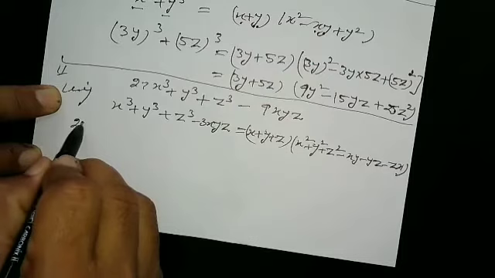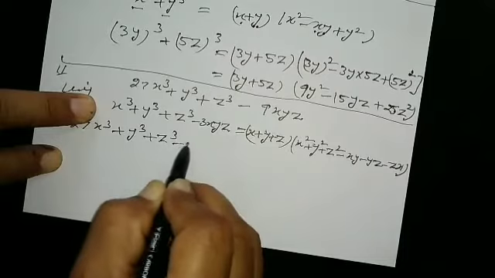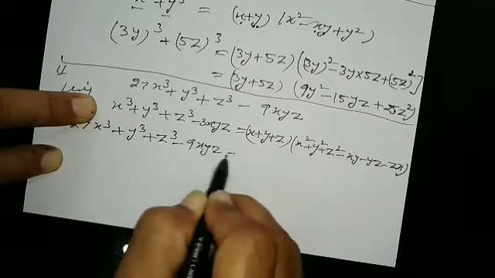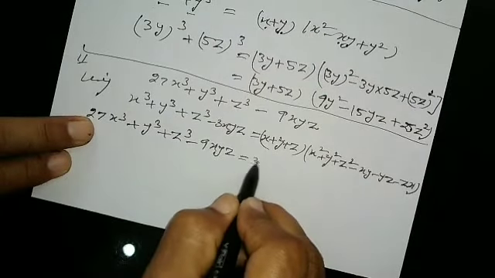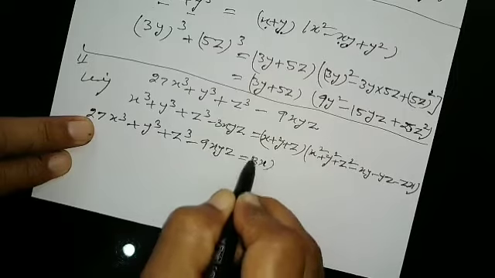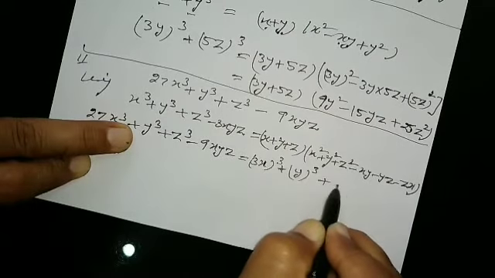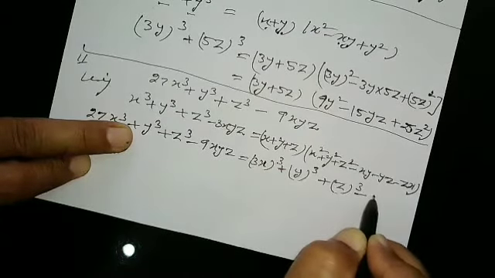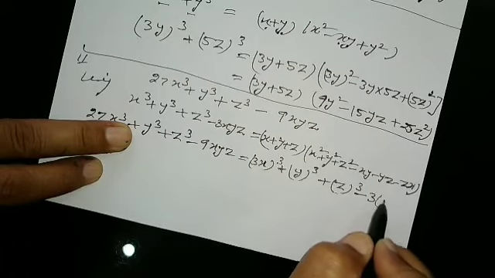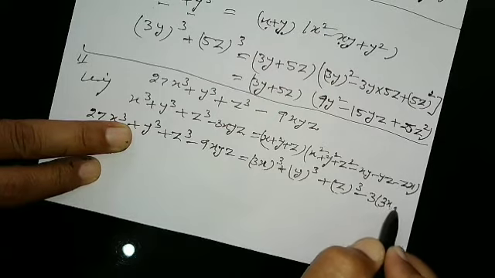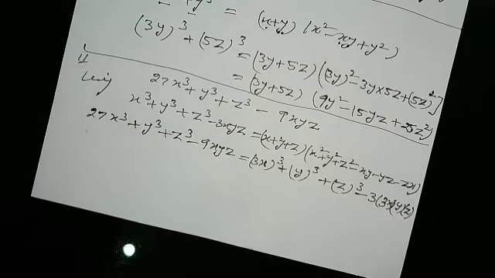So this can be written as: the first one is 3x, the second y, and the third one is z. 3 into first, that is 3x, into second, that is y, and third, that is z.